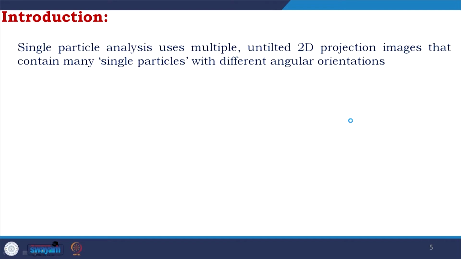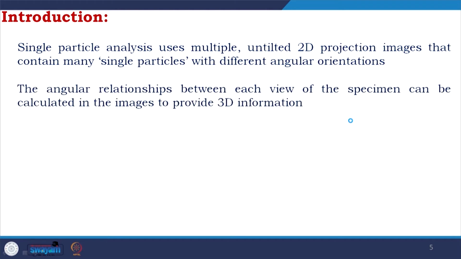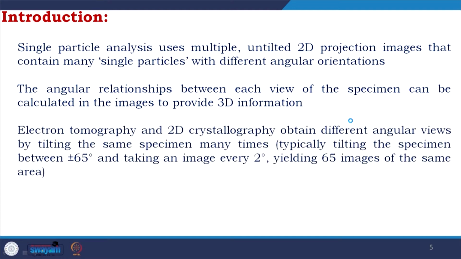Single particle analysis uses multiple untilted 2D projection images that contain many single particles with different angular orientations. So, you have collected different images with different angular orientations, you have to work on them. The angular relationship between each view of the specimen can be calculated in the images to provide the 3D information.